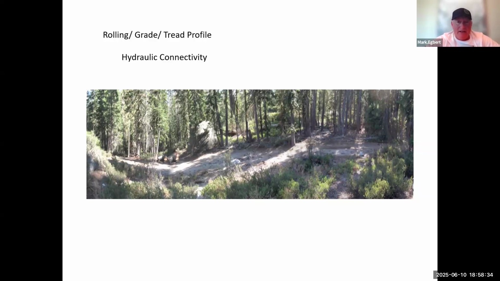So understanding the flow paths, understanding where water is coming from. Sometimes there's springs, sometimes there's all kinds of different ways that water is going to be moving throughout the watershed. You want to learn about that and then understand how your road interfaces with that watershed, so it's hydraulically connected. It'll reduce the engineering requirements and long-term maintenance costs of your road.